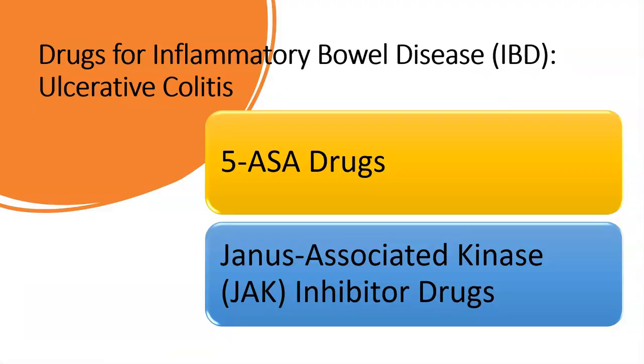All right. Now, other IBD conditions include ulcerative colitis. So that doesn't sound very pretty, right? You've got sores, ulcers in your large intestine, and there's inflammation. So your 5-ASA, which ASA is one of the things about aspirin, it's a salicylate. It's an aminosalicylate. So it's kind of like anti-inflammatory. And then Janus-associated kinase, which we usually just call a JAK, a JAK inhibitor drug.